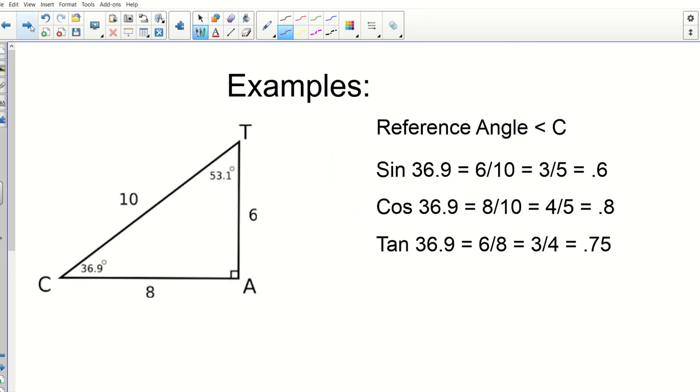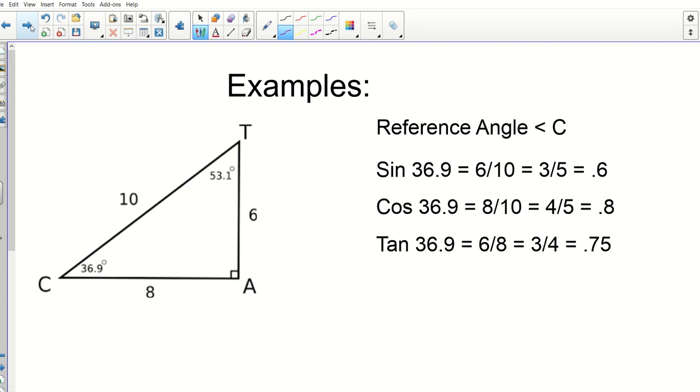So I have my triangle over here, triangle CAT, C-A-T. I have, in this case, all my sides labeled, and I know all my angle measures. So if my reference angle is angle C, and I want to find out what the sine of the 36.9 is, sine refers to opposite over hypotenuse.